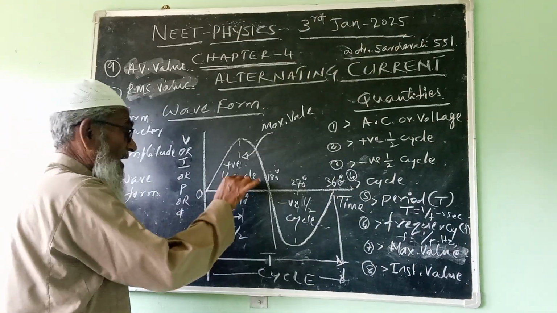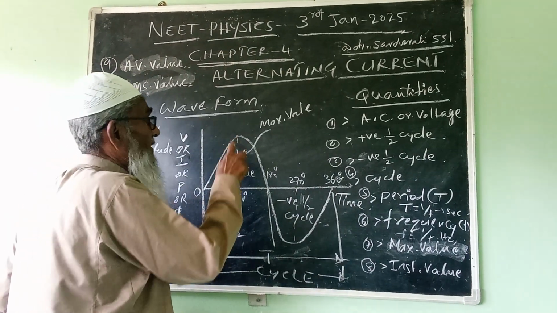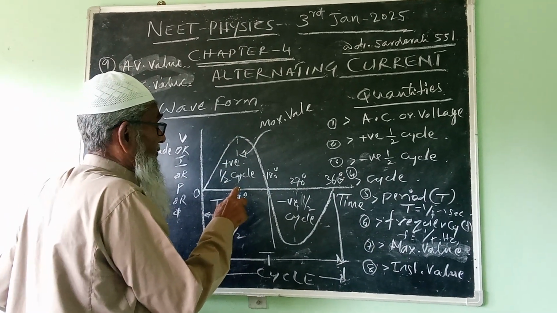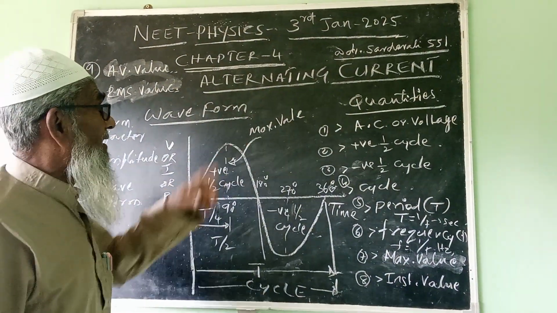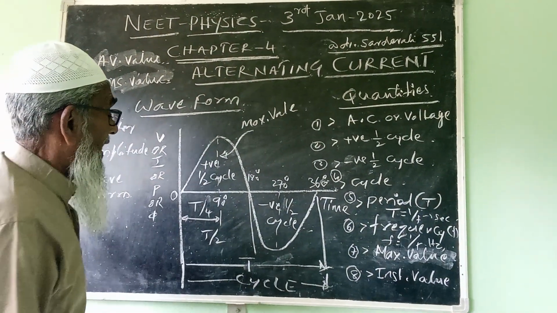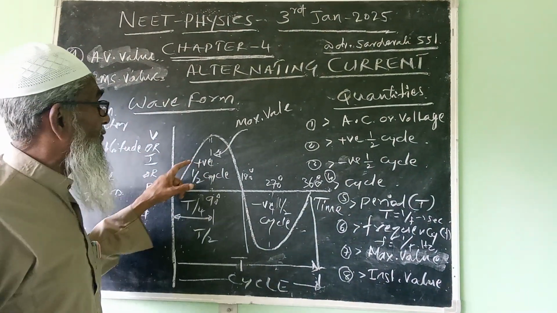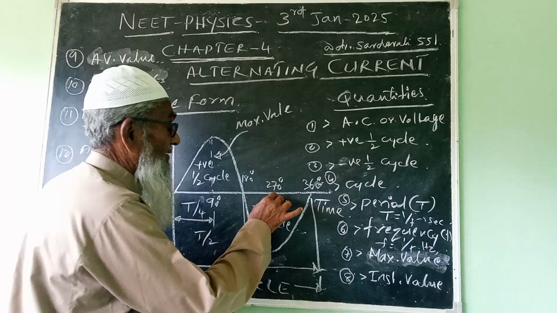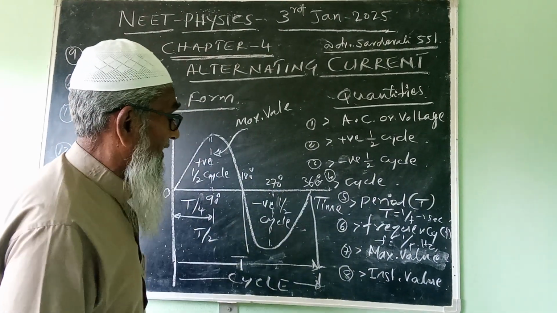Now the maximum value, the value of an alternating current or voltage which has the highest magnitude in a cycle, will be called the maximum value, and you will find that at 90 degrees it occurs in the positive half cycle. At the same time at 270 degrees it occurs in the negative half cycle.